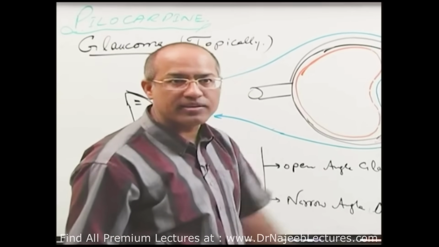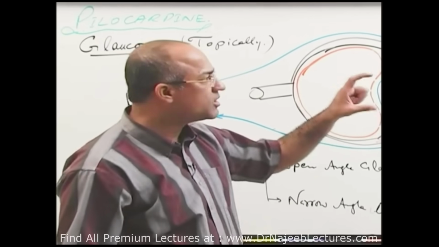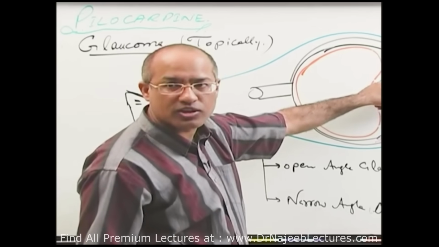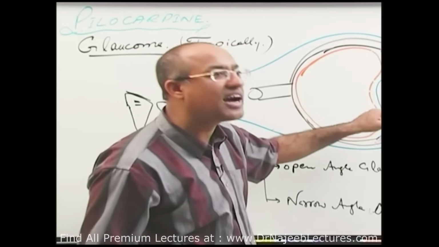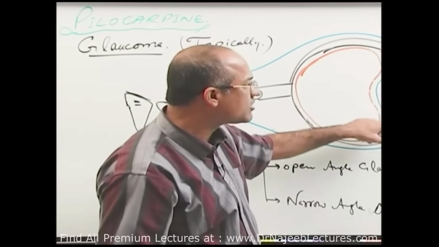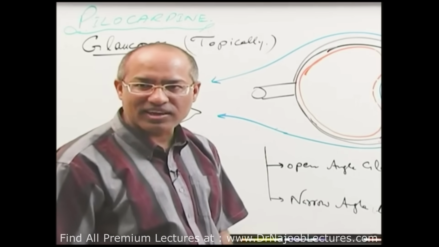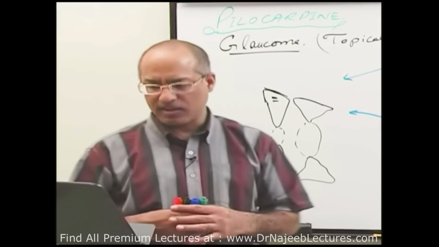All these things combined make the angle very narrow. Here if you give drugs which are strongly miotic or produce strong stimulation of the constrictor pupillae, then the constrictor pupillae will lift the iris away from the angles, and the angles will be opened. Is that right? So this is the use of pilocarpine in patients with glaucoma.